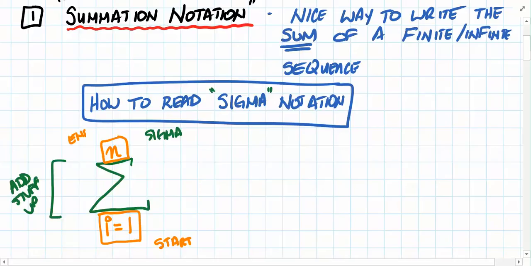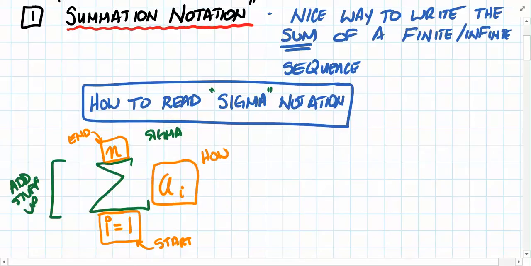So we have a starting point, denoted by the thing on the bottom, an ending point, denoted by the thing on the top, and then the sequence defined, a sub i. This is how we do it.